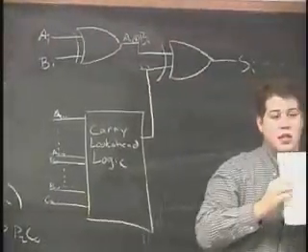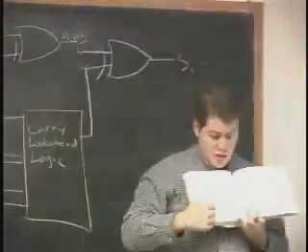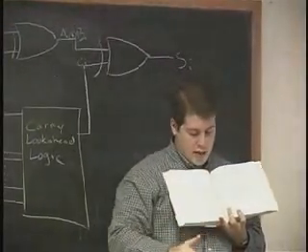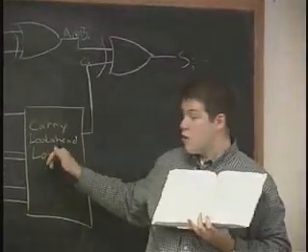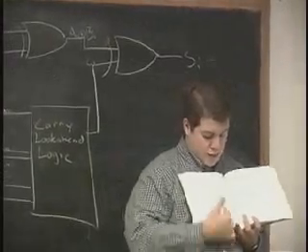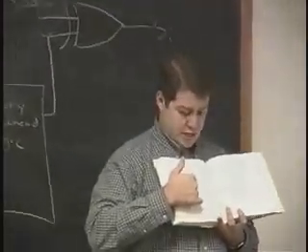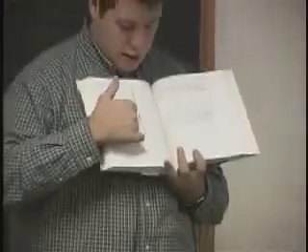The problem is that, as you can see, the carry look-ahead logic here has one input, here it has two inputs, here it has three, here it has four inputs. So as we go up, we increase by one each time, right? That means it's going to be the summation of 1 to n, which goes as n squared.